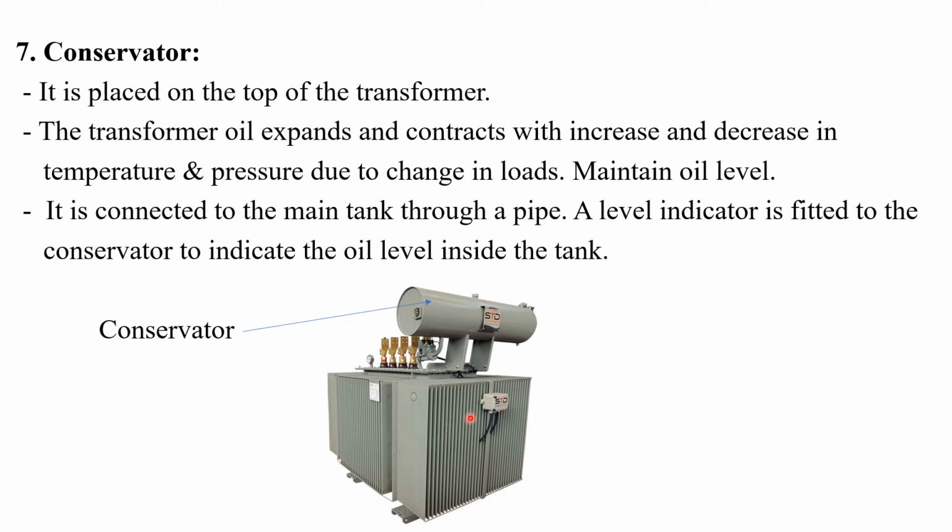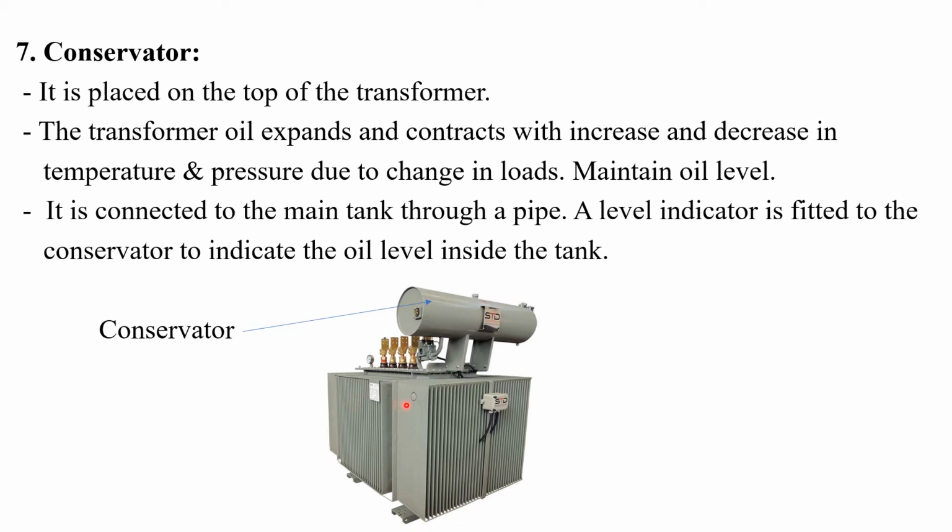During that time, this conservator will maintain the level of oil in the main tank. Here you can see an oil level indicator portion. It is visible. If the level of the oil in the main tank reduces, oil will fill to this main tank from this conservator automatically.